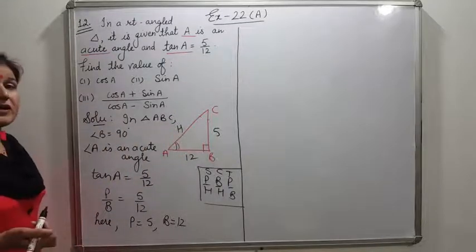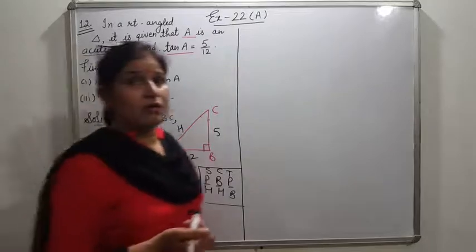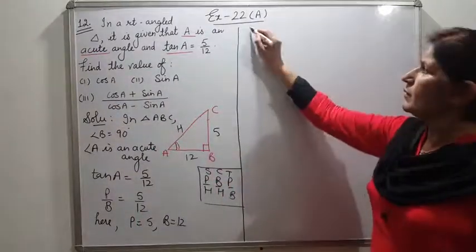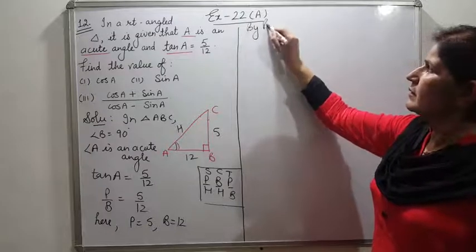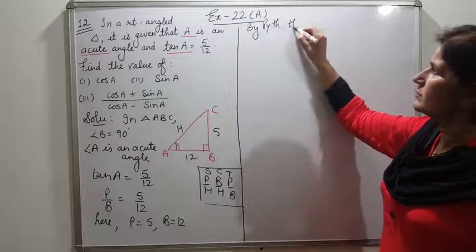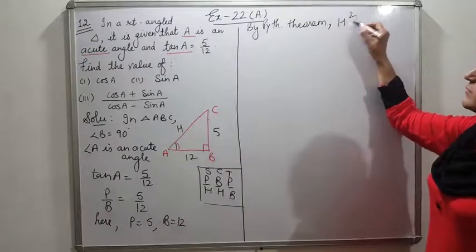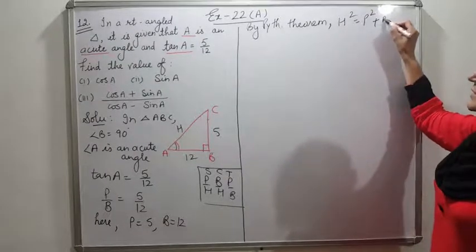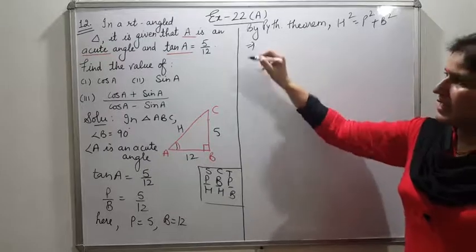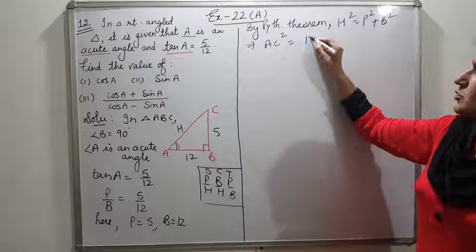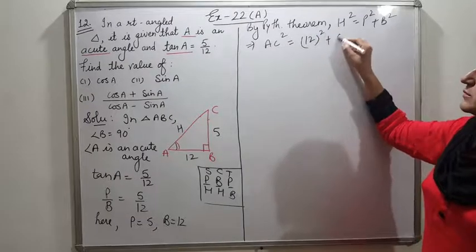Which theorem will we follow here? Pythagoras theorem. So by Pythagoras theorem, x square is equal to p square plus b square. What is x square? X square is AC square equals 12 square plus 5 square.